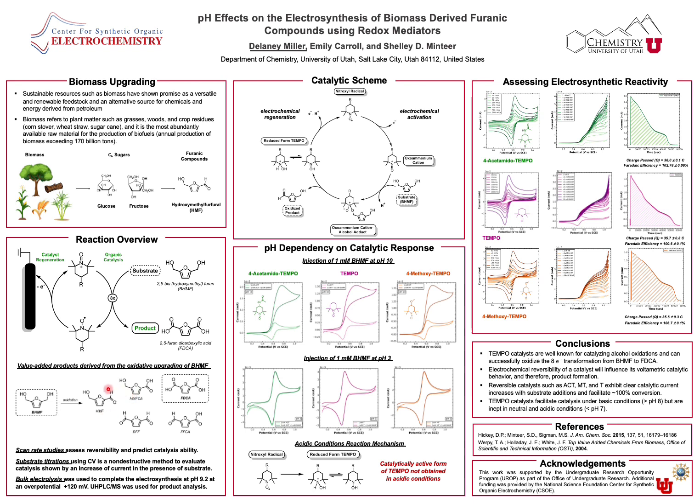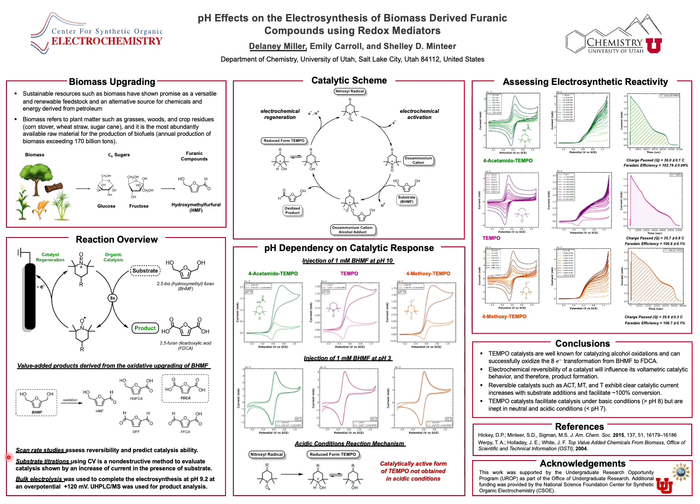Each time getting more things oxidized, going from this alcohol to aldehyde and so forth, getting us to our final product. We did this using scan rate studies, which we ran using cyclic voltammetry to assess reversibility and predict catalysis. Then we did substrate titrations, which we also ran using cyclic voltammetry because it is non-destructive.